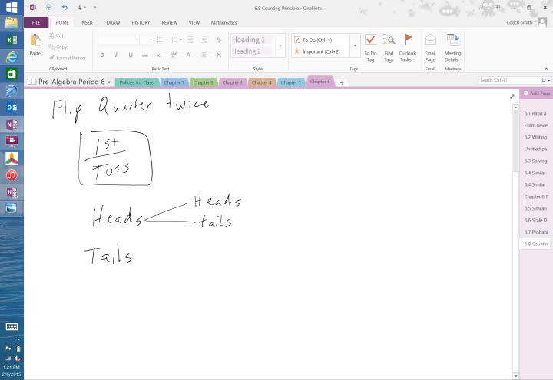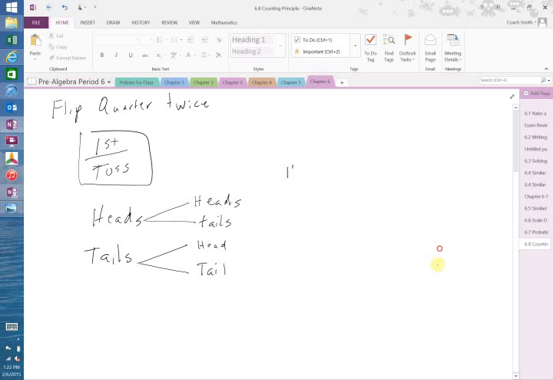Same thing here. A head or a tail. So you're basically either going to get a head and a head, or a head and a tail. Or then you're going to get tails and a head, or tails and a tails. That's what you're going to get.